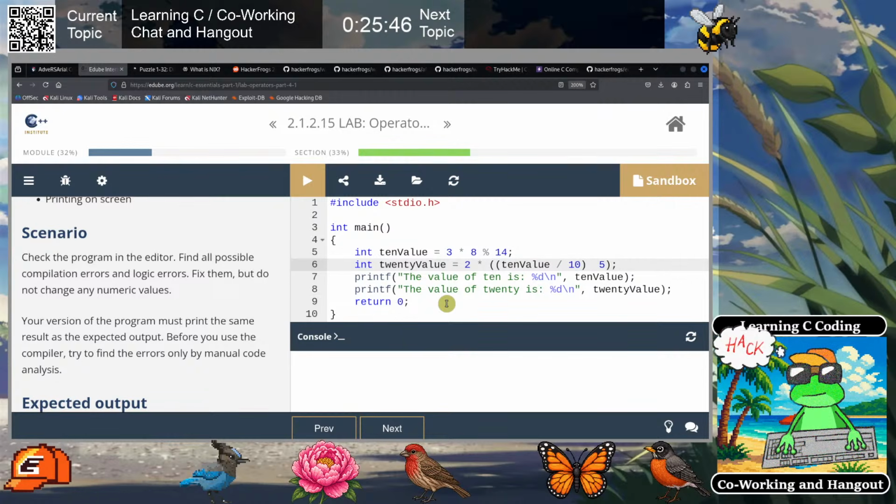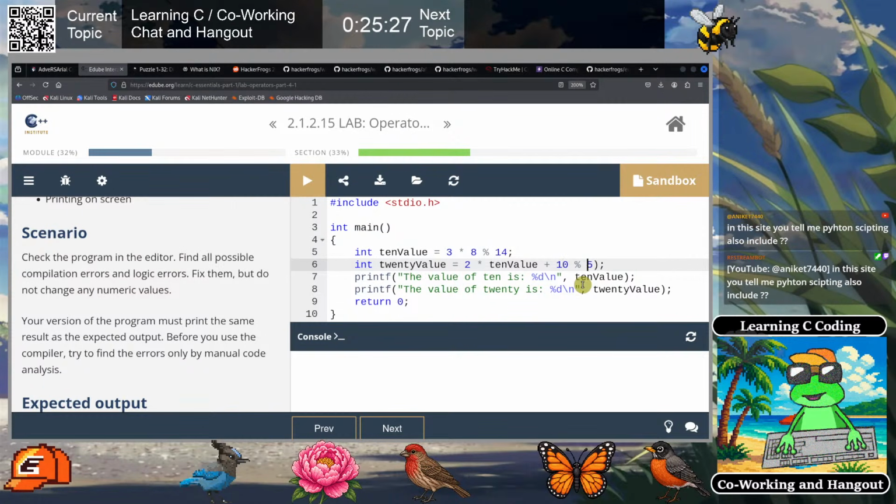So this is modulo 5. And then it's 10 value times 2, plus 10 modulo 5. I mean, I guess we don't need the parentheses here.